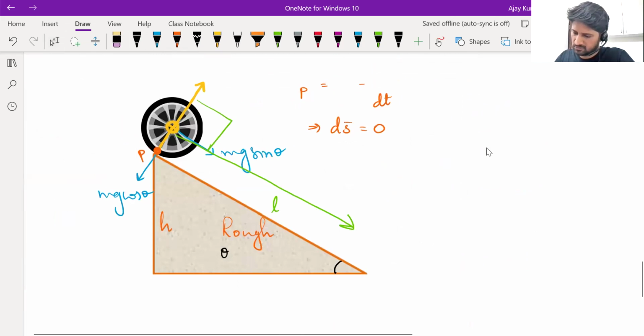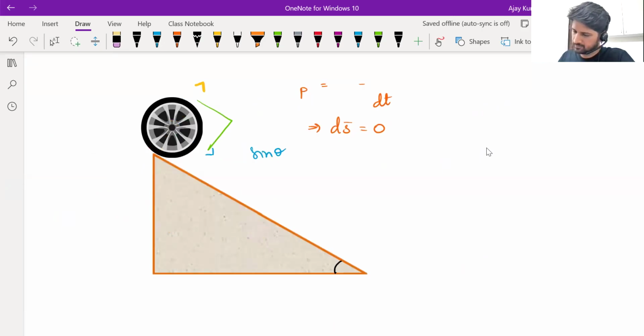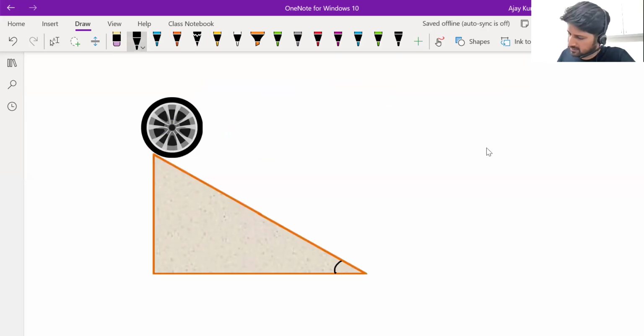In questions, they won't give you all this anyway. An object is released on top of an incline. Assume the angle is 37 degrees for convenience. Let's say its mass is 2 kg and the radius is 20 centimeters.